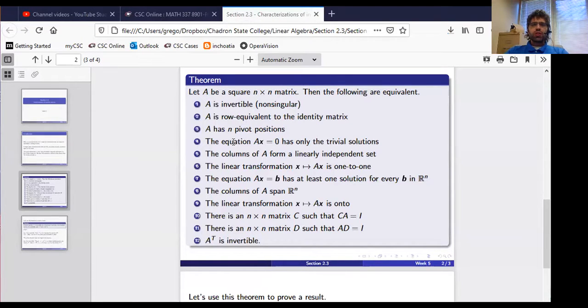So in particular, if A is invertible, 1, then the columns of A are linearly independent, 5, and the columns of A span Rn, 8. So a linearly independent spanning set is precisely a basis.